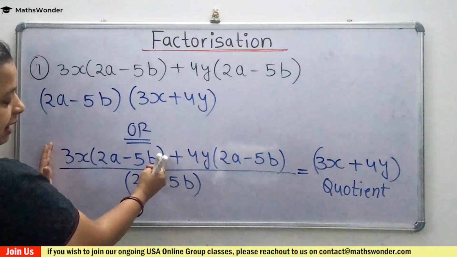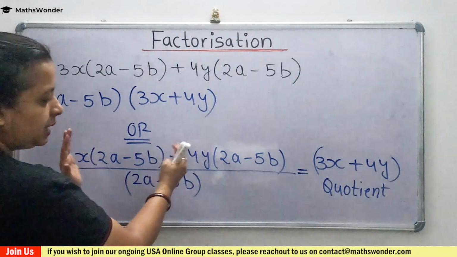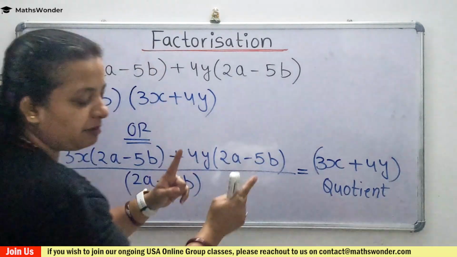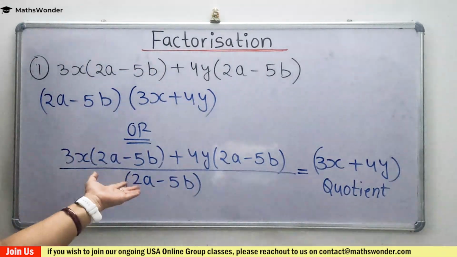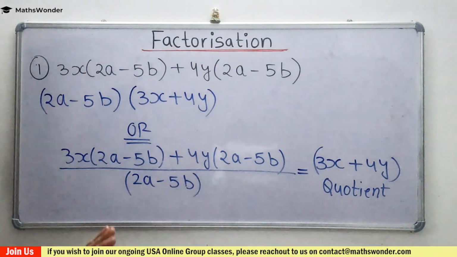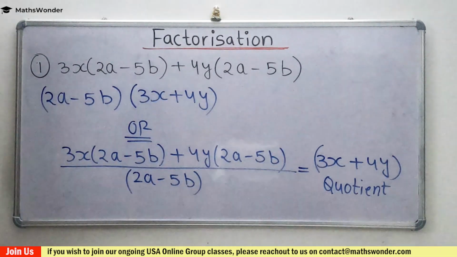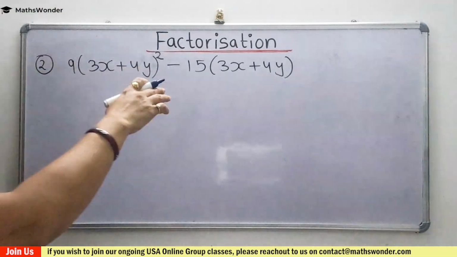So you will find one binomial from here, and one binomial from here, which is common. You can easily see it in the question. So this is your answer. Quotient is simple.